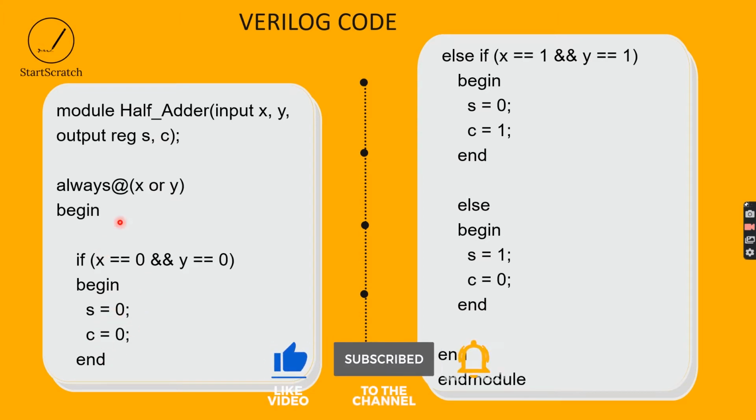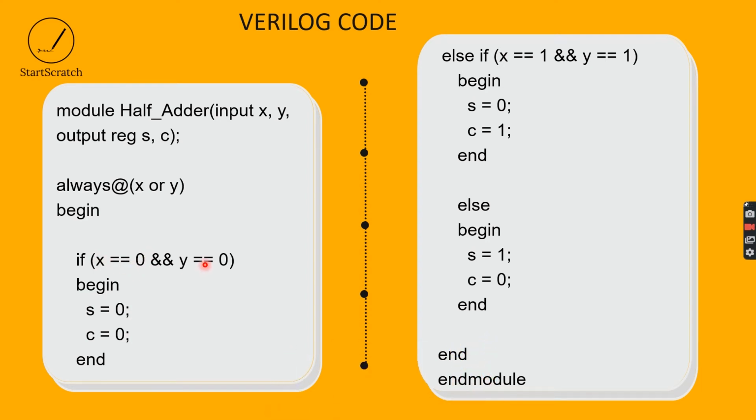Now coming into the always block, you can find my three cases, that is if x equal to 0 and y equal to 0, or if x equal to 1 and y equal to 1, or else this is the third case. For these three cases we will be having the outputs as I mentioned in the truth table, that is x equal to 0 and y equal to 0, if both are true, then sum and carry is equal to 0.